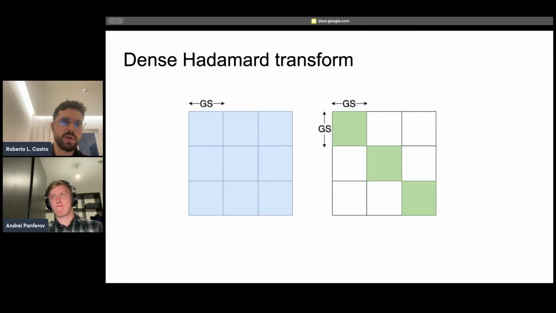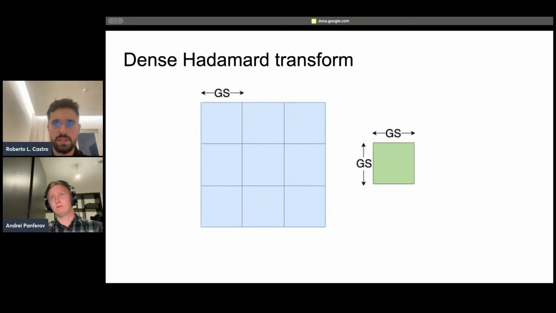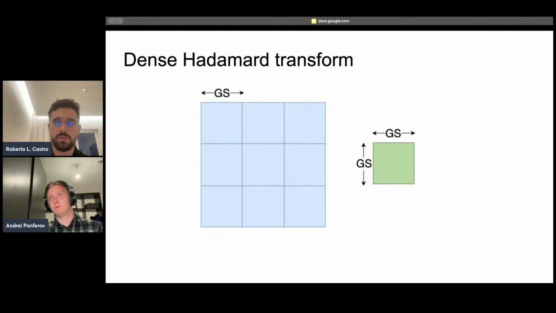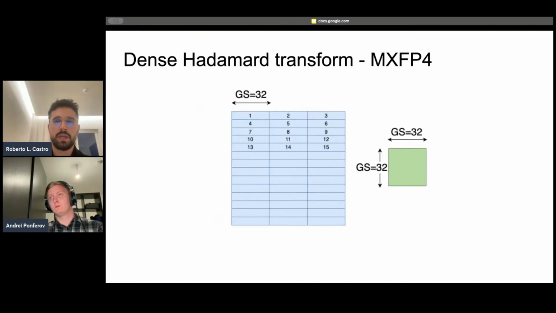So when we refer to this dense Hadamard transform, what we actually have is this kind of block diagonal matrix for a specific group size. And if all these blocks in the diagonal are basically the same, what we can do is transform this previous problem to this one. And since we are focusing on MXFP4, we can just define this Hadamard size of 32.